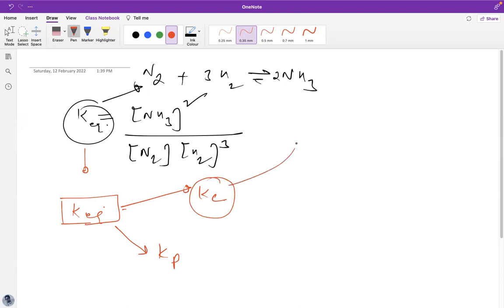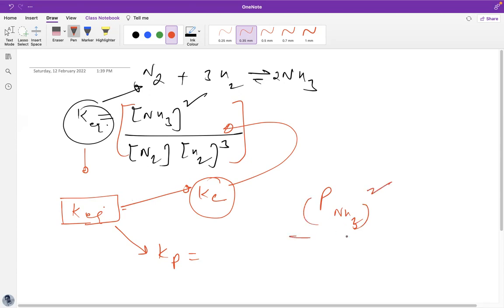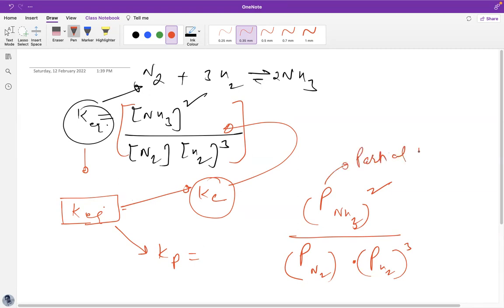Kc is written in this way, same as before. While for Kp, we will write the expression in this way: capital P ammonia power 2, then capital P N2, and then capital P H2 power 3. Capital P means partial pressure. So this is the only difference. Partial pressure for any reaction. Any doubt? My request to everyone, if you have a doubt, let me know.